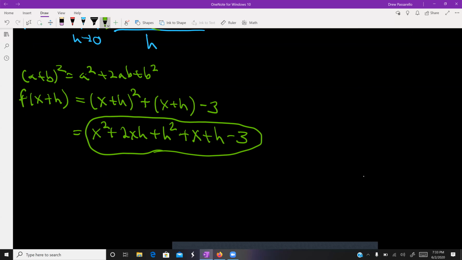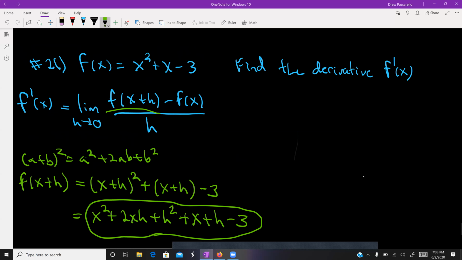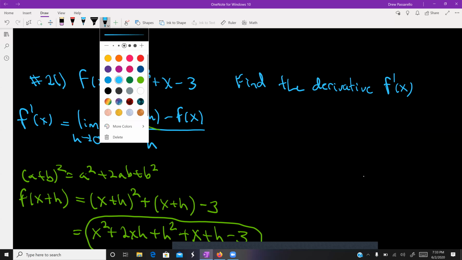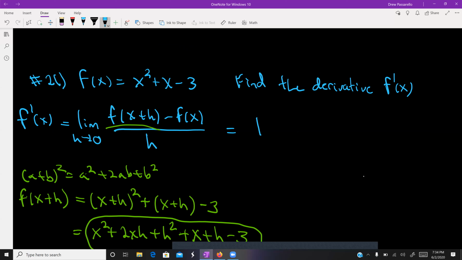Because x squared is a different term than just x, 2xh is a different term than just h, and h squared is a different term than h. So with h going to 0, instead of f of x plus h, I'm going to write everything you see there in green.